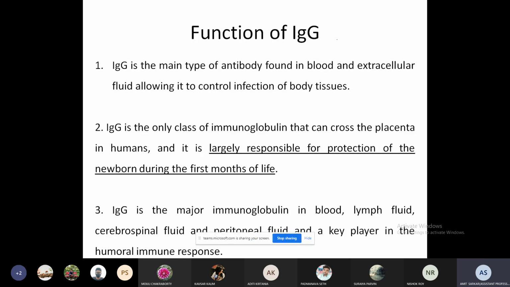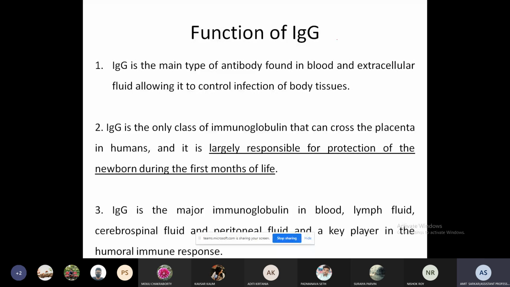Number two, immunoglobulin G is the only class of immunoglobulin that can cross the placenta in humans and is largely responsible for protection of the newborn during the first month of life.